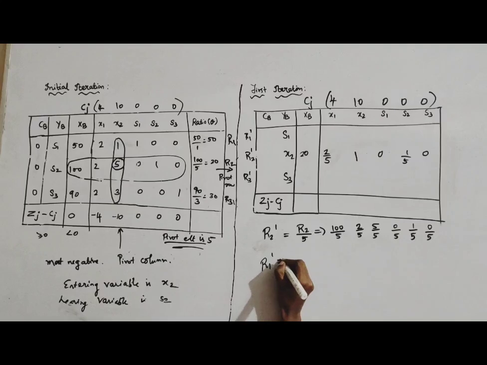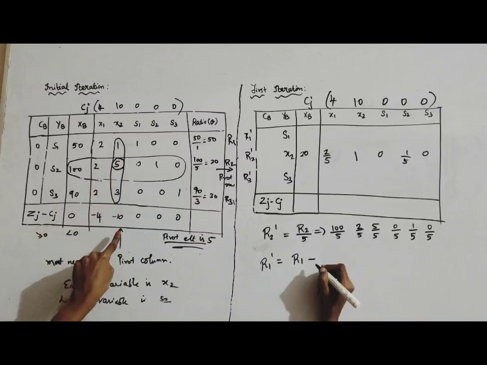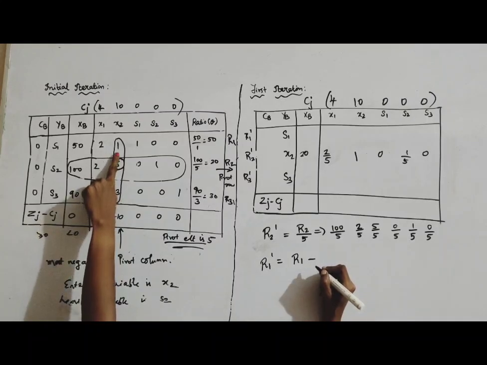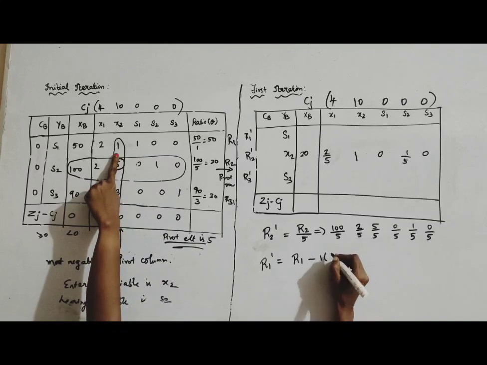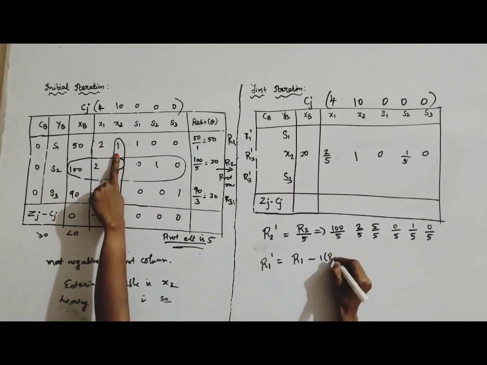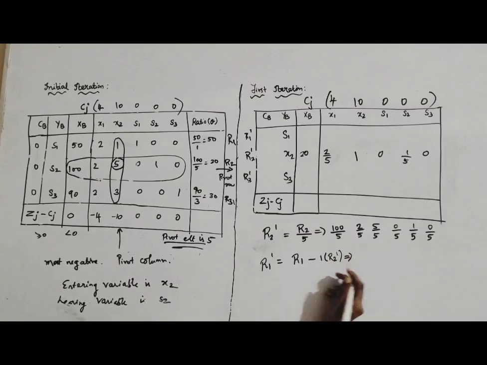New R1 dash is equal to old R1 minus the corresponding pivot column element. What is the column element? Corresponding value 1 into new R2 dash. Okay.